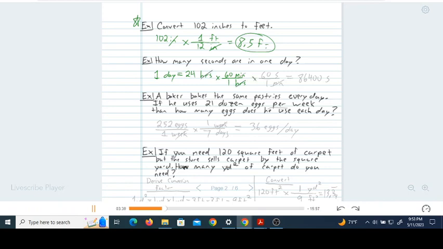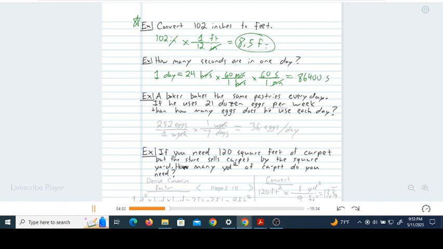That cancels out. And if we want to get from minutes to seconds, we'll put minutes in the bottom, seconds on top. Units cancel. 60 seconds per 1 minute. Notice the only unit left here is seconds. That tells us we've done the conversion correctly. So we go ahead and multiply, and you get 86,400 seconds.